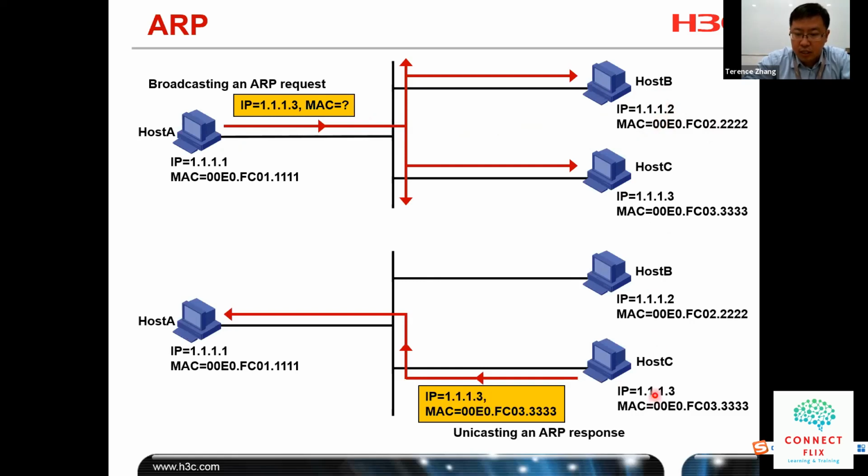But host C finds that the IP address 1113 is me, so host C will reply to the ARP with a unicast response. So the request is a broadcast and the response is a unicast. By now, host A already knows the destination MAC, which is .3303. This is what the ARP protocol does.